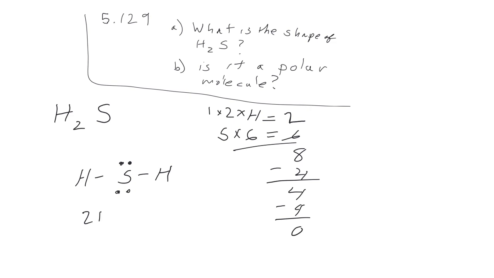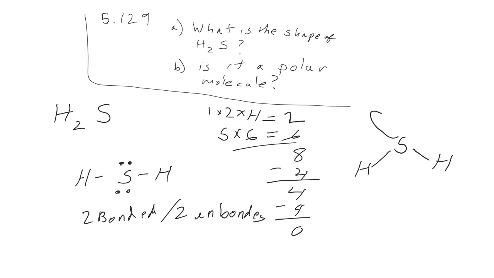We have 2 bonded, 2 unbonded, and that means that our shape is going to be bent.